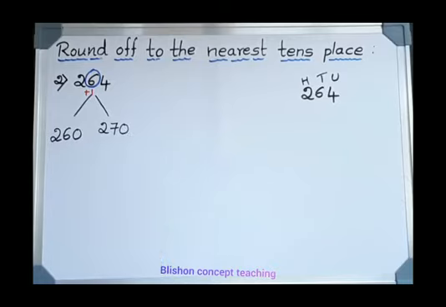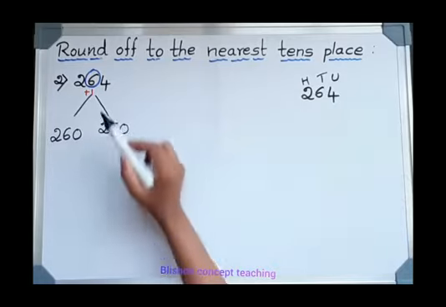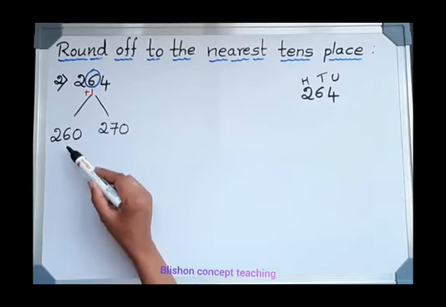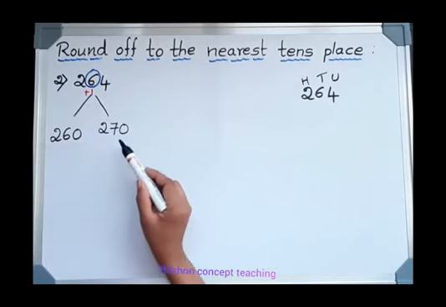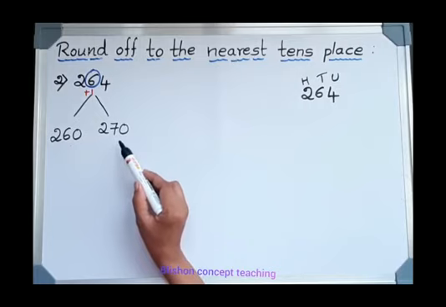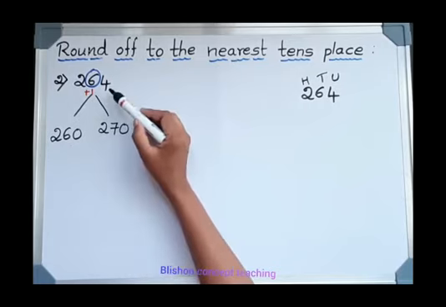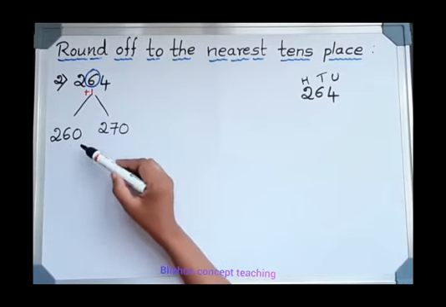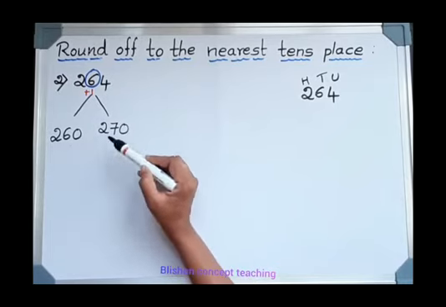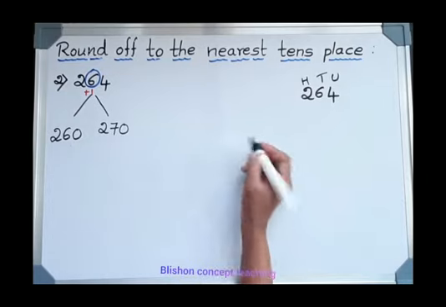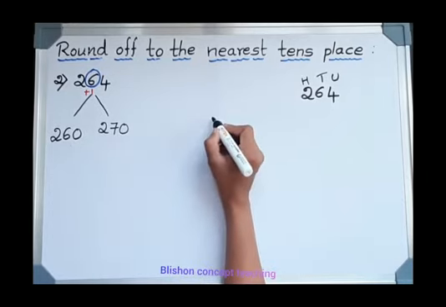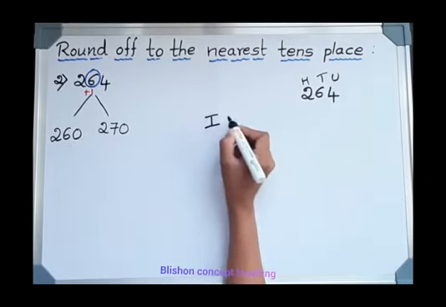It means 264 lies between 260 and 270. And now we have to find out whether this 264 is nearest to 260 or 270. To find out that, I told you we have two rules.